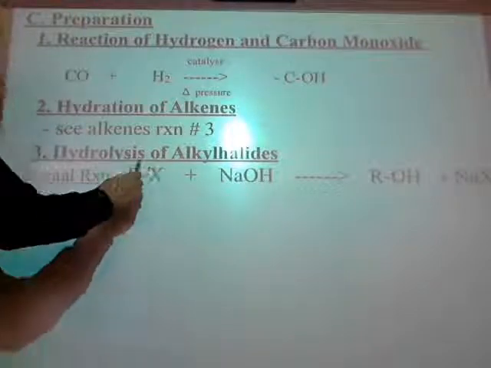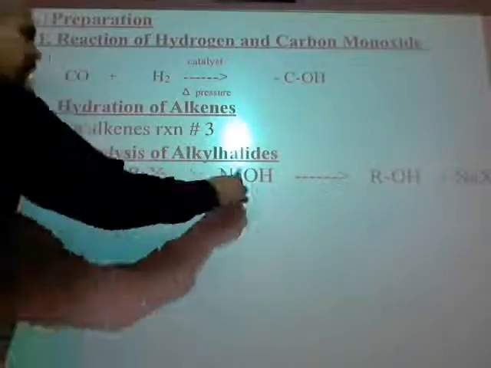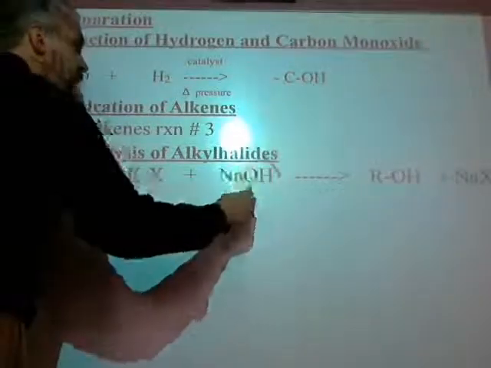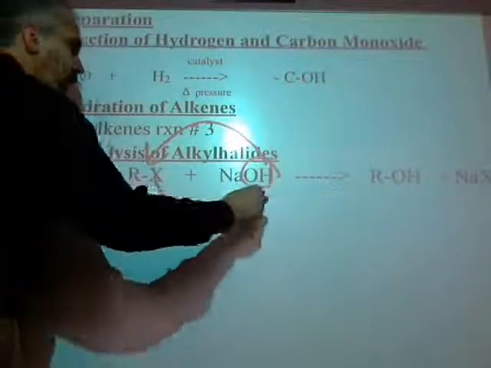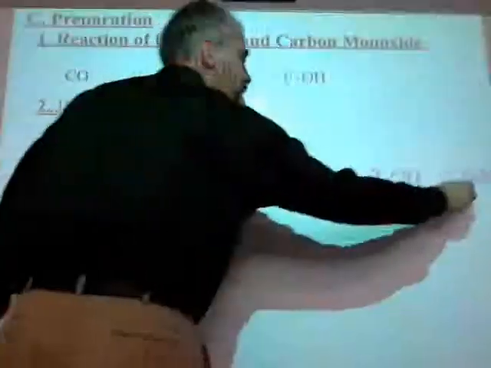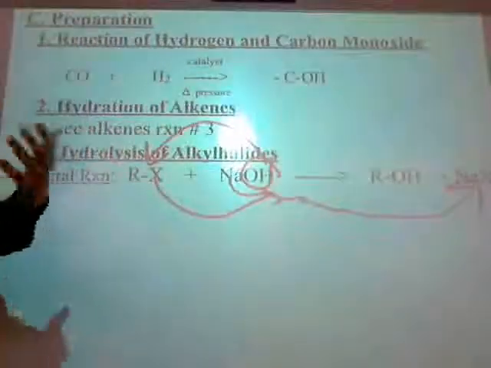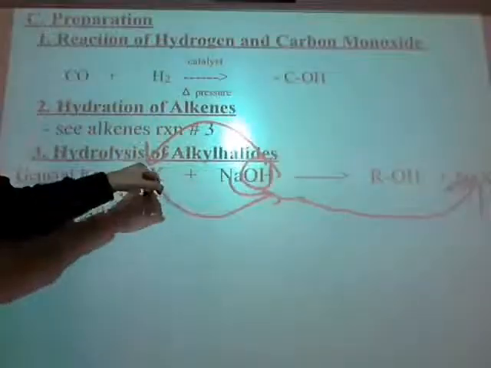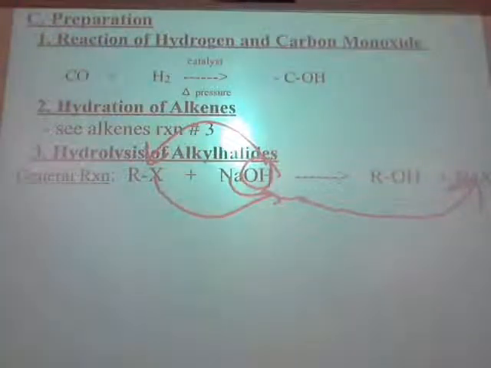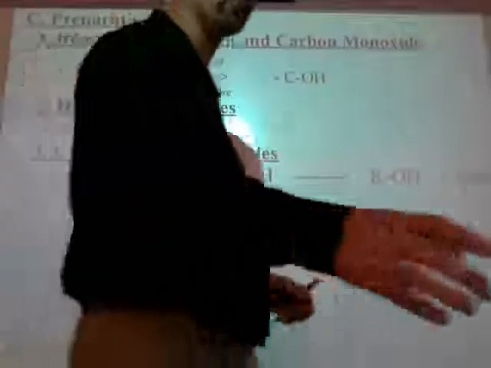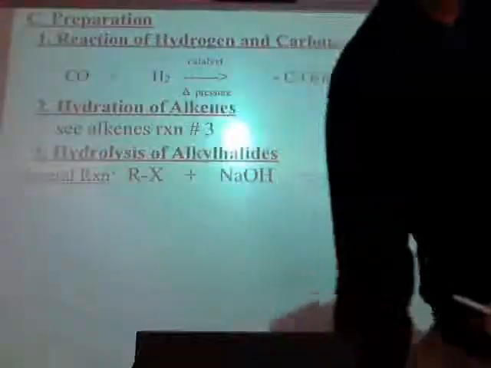Here's your alkane chain with the chlorine on it. Here's your NaOH. The OH kicks out the X. The X and the Na get together and make sodium chloride, sodium bromide, whatever. And the OH attaches on there and makes an alcohol. That's basically what happens. A lot of this stuff just makes sense. Now, this is the one I have the demo for. And it's a pretty cool demo. Let me show it to you. Watch.